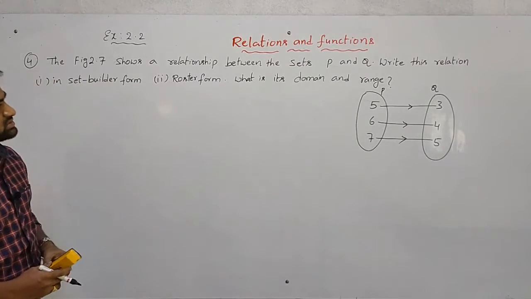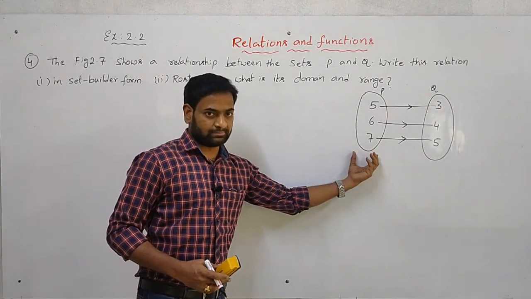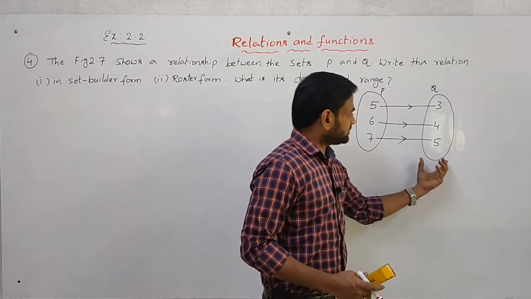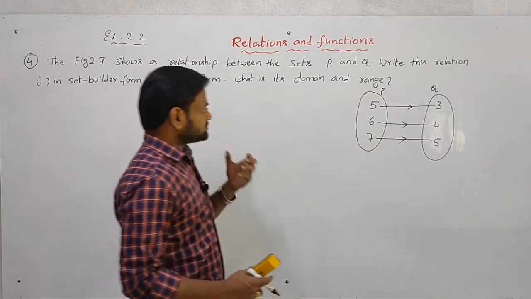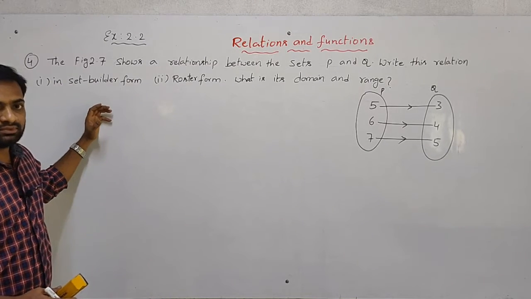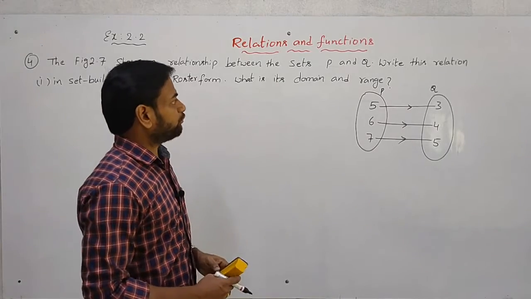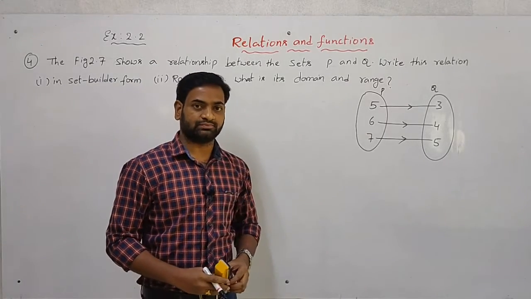Now this mapping, he has given the first set as P and the second set as Q. We have to write this mapping in the set builder form, then the roster form, and then write the domain and range.